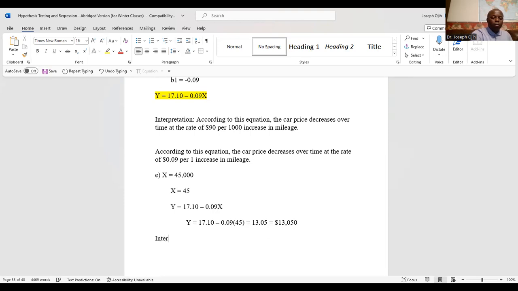Interpretation. It says that the retail price of a car with a mileage of 45,000 is $13,050.